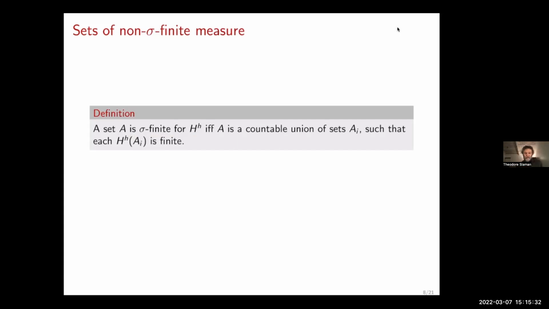Each one of those intervals has finite measure. So that's an example of a set that's sigma finite. Sigma finite is like looking at a sigma algebra. Sigma stands for countable.